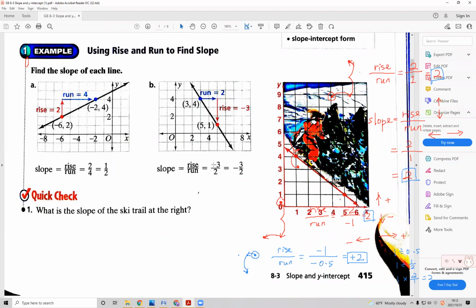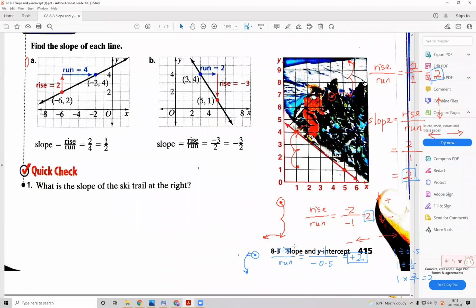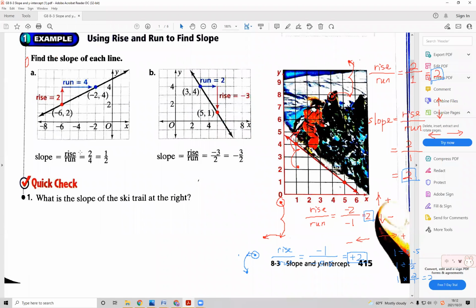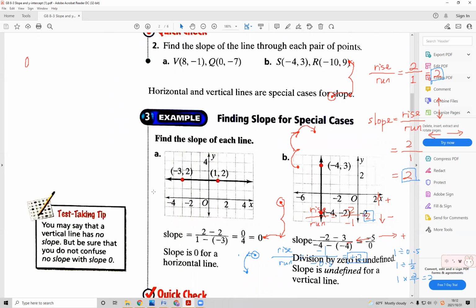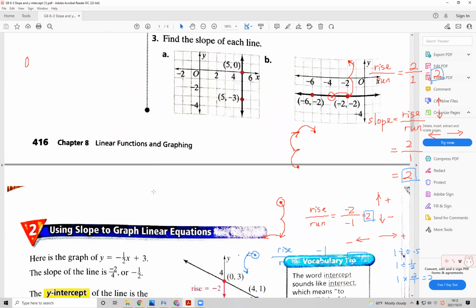This document is 8-3, slope and y-intercept, on your Google Classroom. It's on page 415. You may take a look at these 2 examples and answer the questions over here. What is the slope of the ski trail at the right? I'm sorry if the picture is not clear. If it's not clear, go ahead and do the rest of the practice.